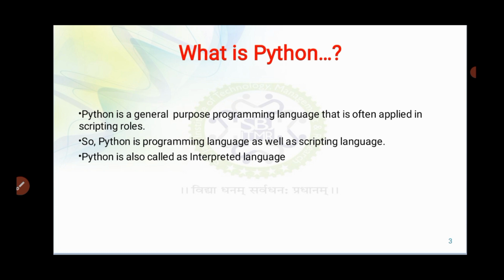So let us simplify this definition by saying Python is very simple language. It is very easy to learn the language because the syntax that has been used in the Python language is very easy, and because of which it reduces the cost of the program maintenance.